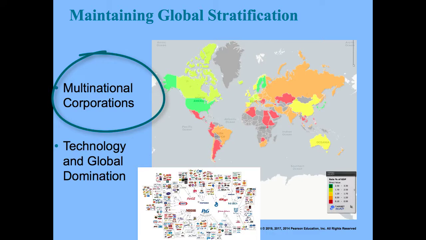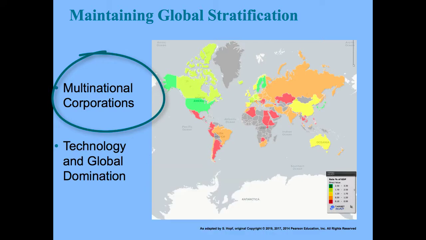The multinational corporations do what they have to do in order to maintain political stability so they can continue to do business, even if it means buying that stability through paying off the key players in the government or buying weapons. At the same time, just doing business in a foreign country can continue, if not amplify, the inequalities and internal stratification within a foreign country.